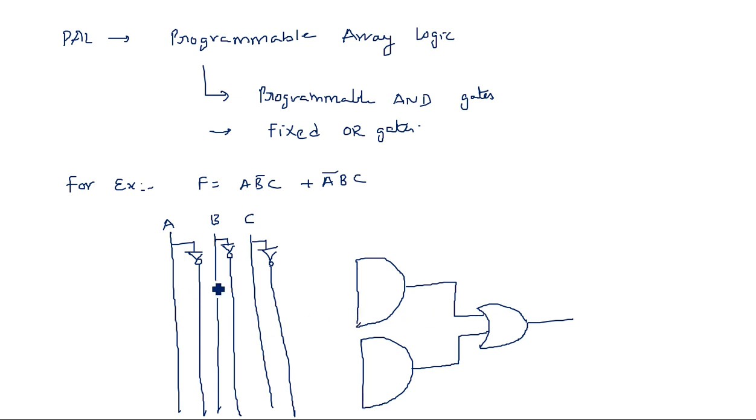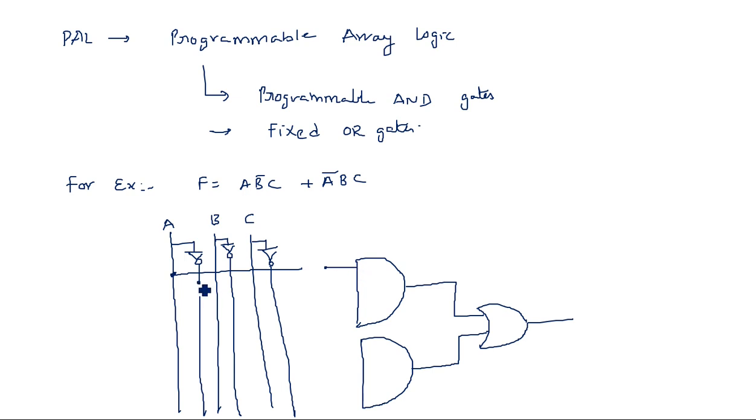Now how many total inputs are there actually? It is A, B, C, but by taking A bar, B bar, C bar also, there are 6 inputs in total. All these 6 inputs will be connected to the gate. That means each AND gate is a 6 input AND gate.